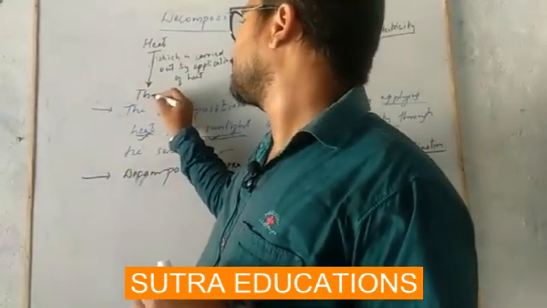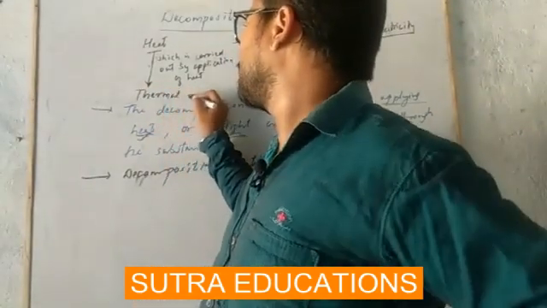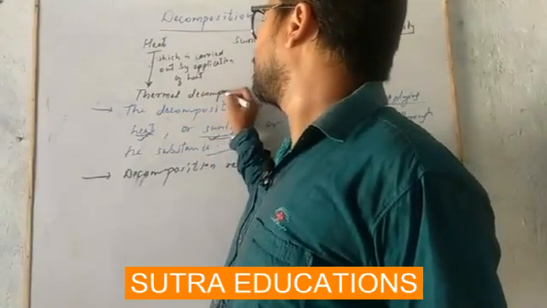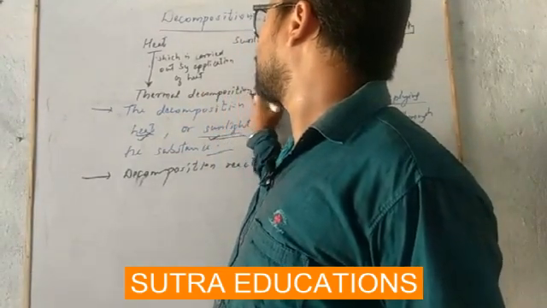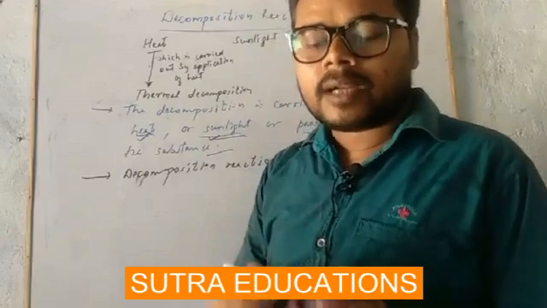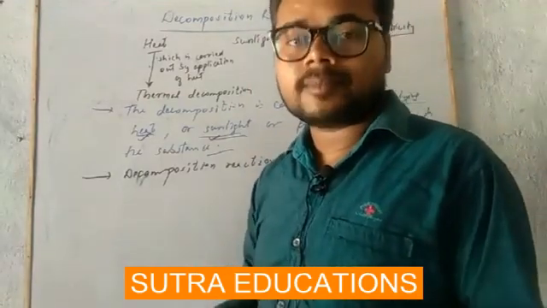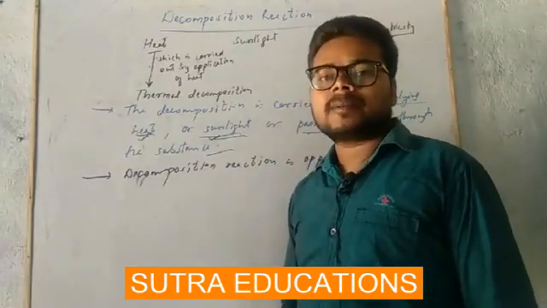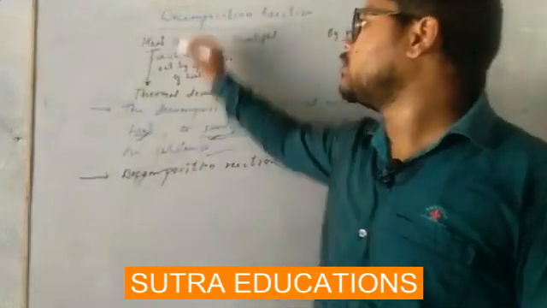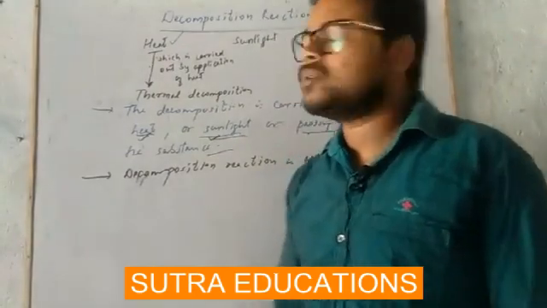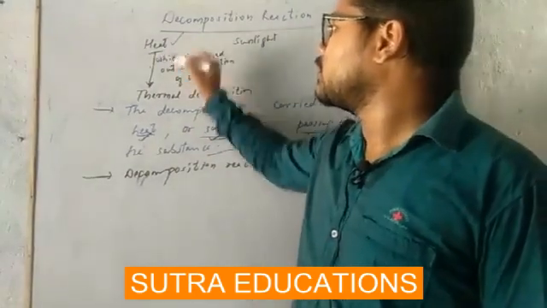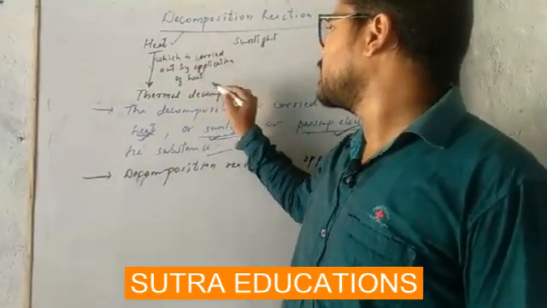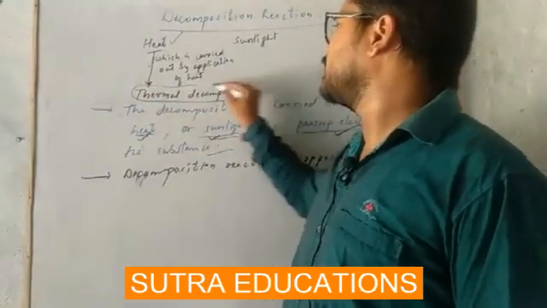Is it clear? I told you there are three ways for the decomposition of a substance. First way is to supply heat. So the decomposition which is carried out by application of heat is known as thermal decomposition.